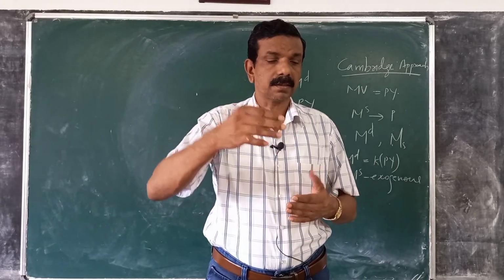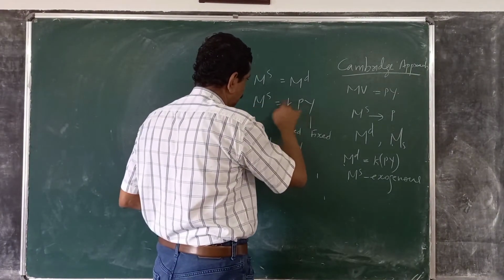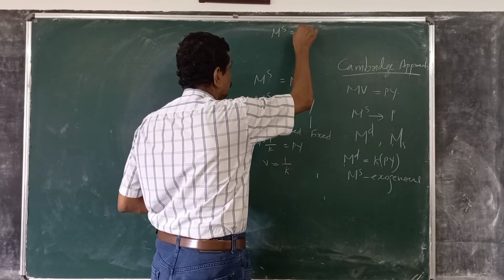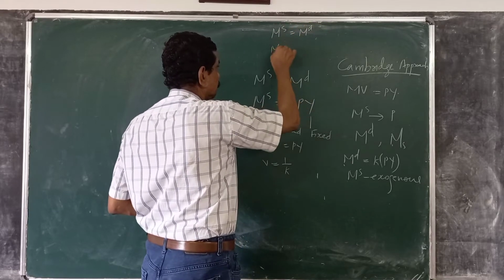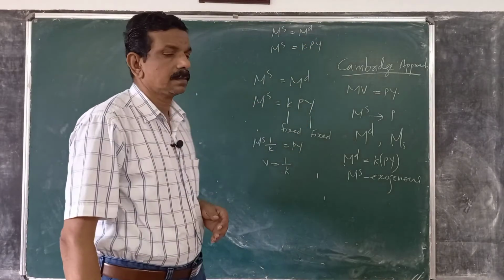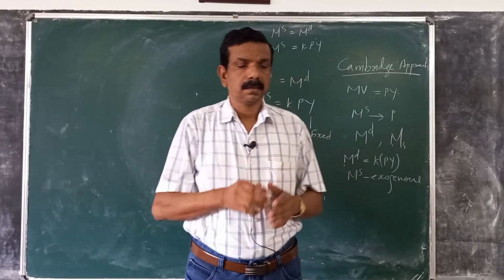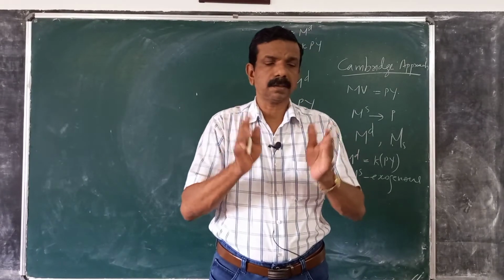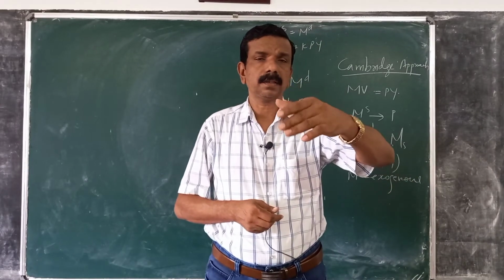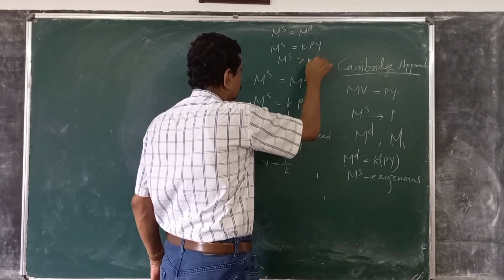To explain how money supply causes price level, suppose that initially MS is equal to MD, or MS is equal to KP, money supply is equal to money demand. Now suppose that monetary authorities increase the supply of money, so MS exceeds KP.